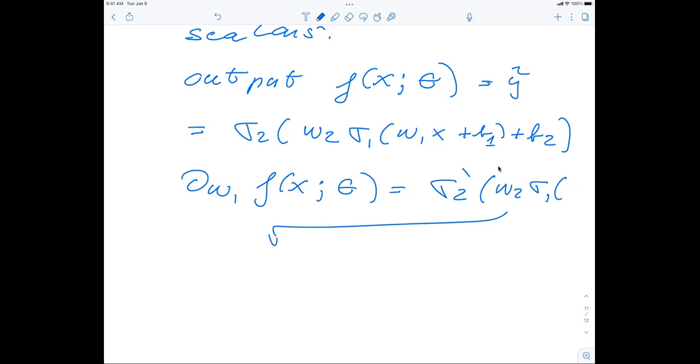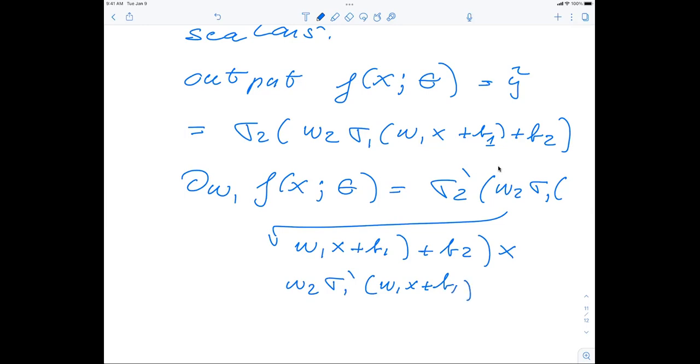So this has an argument, W1 of x plus B1, end parenthesis, plus B2. And this is now multiplied. So this is just a multiplication sign. This is multiplied with the W2 times the derivative of sigma 1, W1 of x plus B1. And this is obviously a multiplication sign, I'm just circling it out, and this is actually an x.